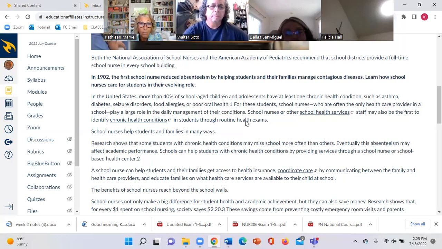Seizures is a big one. Lots of kids have seizures, so some of them have emergency midazolam in the clinic. You have to be able to know how to give that. So seizures is a big one. Mental health is huge, to be able to use your assessment tools to evaluate the kids that are struggling.